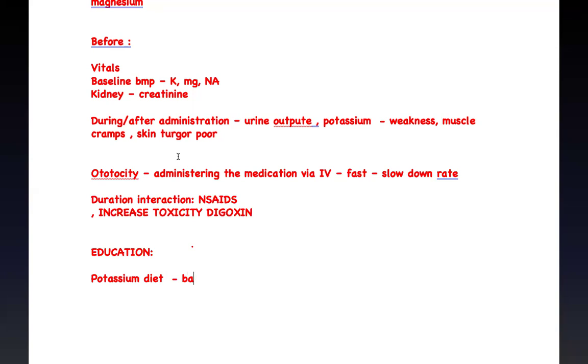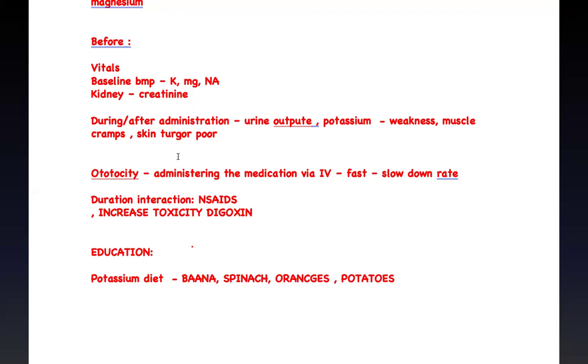Potassium-rich foods include banana, spinach, some oranges, potatoes. These are all very good sources of potassium. Strawberry is also good. Tomato is also good. When a patient is on this medication, you have to teach them.